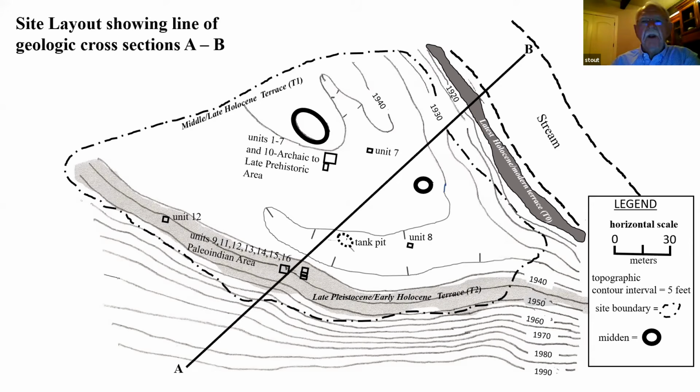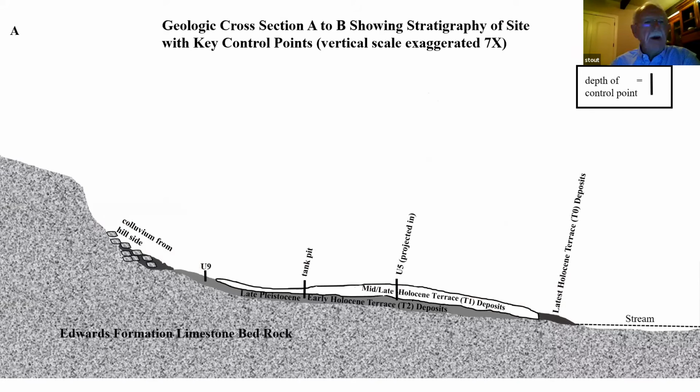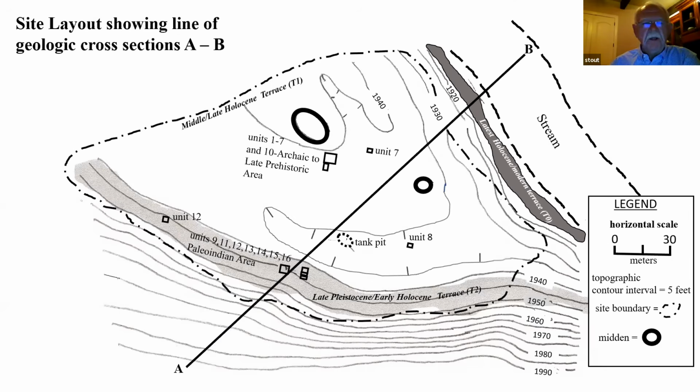Now, what I'm going to show you now is what's called a geological cross-section. So from this line A to B, if you were to be able to cut through the site with a giant knife somehow and then peel it away like you would a layer cake, this is what it would look like. So on the left are the cliffs. Let me back up to that. That's the bottom part of your slide there where you see all the tight contour lines together.